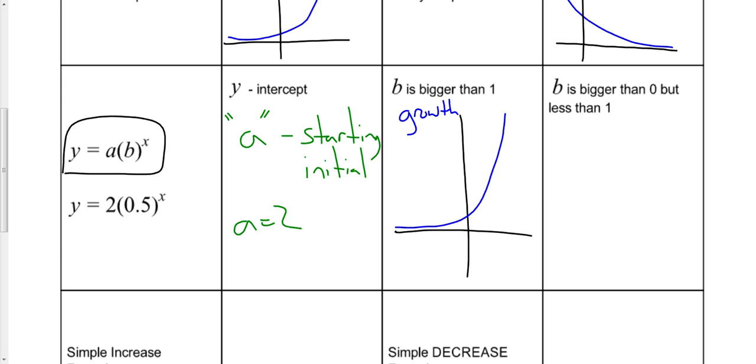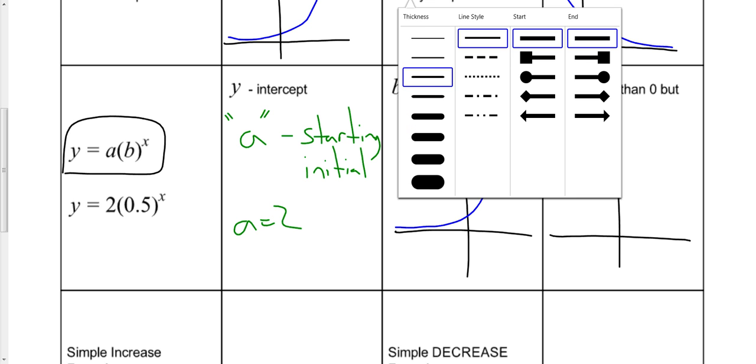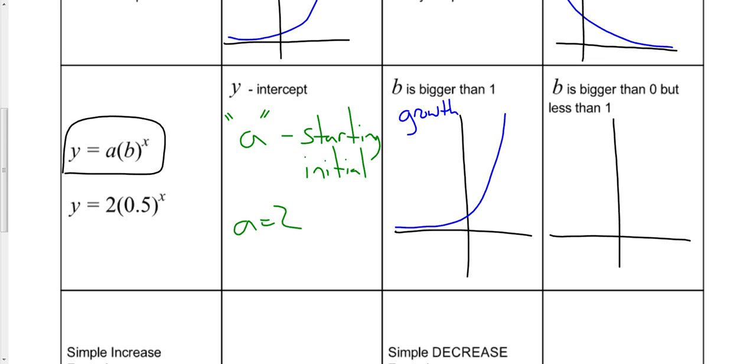Similarly, if the b value is between 0 and 1, so the b value is not equal to 1, but if the b value is between 0 and less than 1, then that indicates that it's actually a decay graph. It's shrinking.